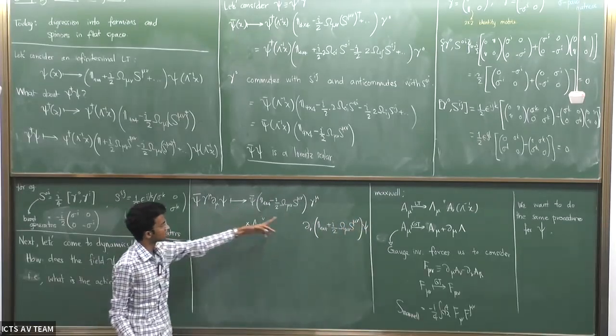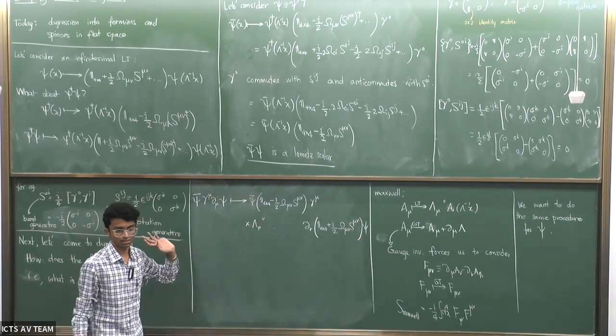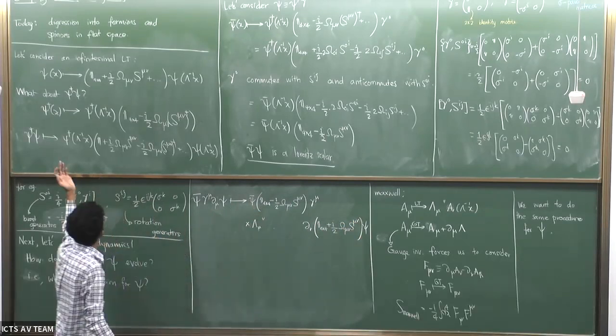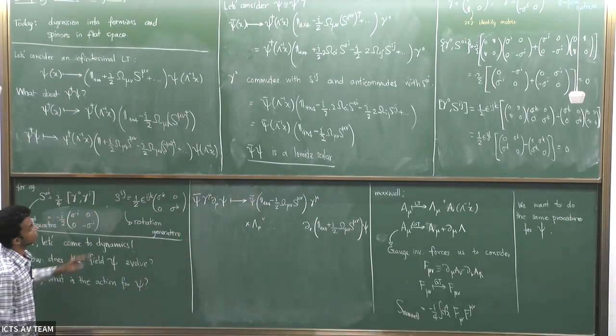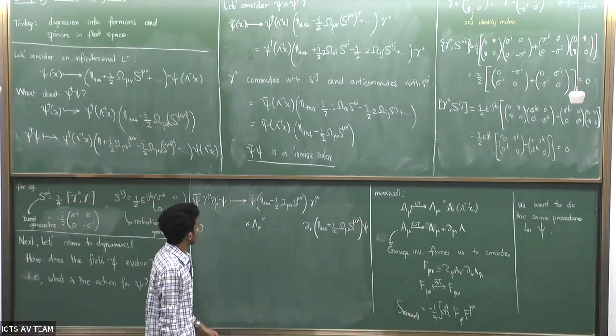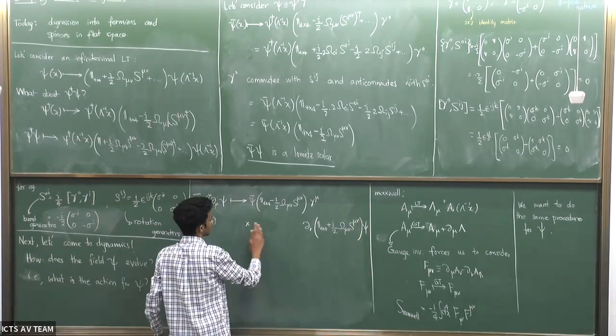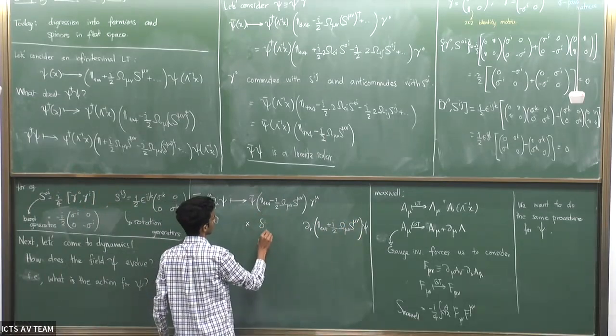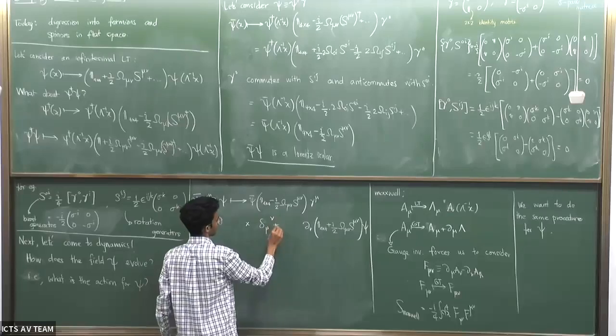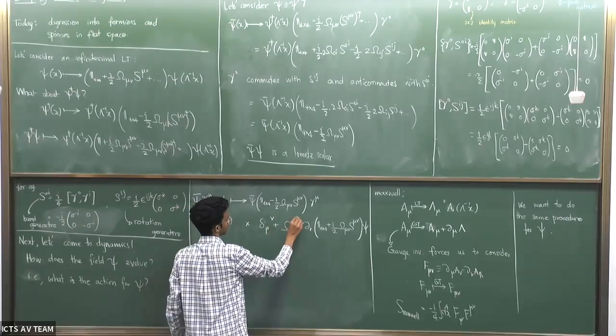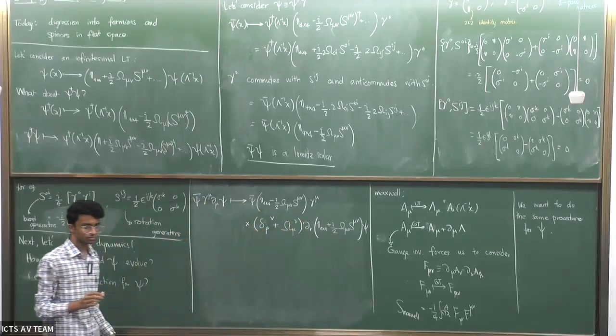The arguments of psi are all lambda inverse x. I won't write it explicitly anymore because I've written it quite a few times. By now, we all know that it has to transform this way. So this lambda mu nu, since it's an infinitesimal transformation, is really just a delta mu nu plus this omega mu nu. That's how I defined omega mu nu.